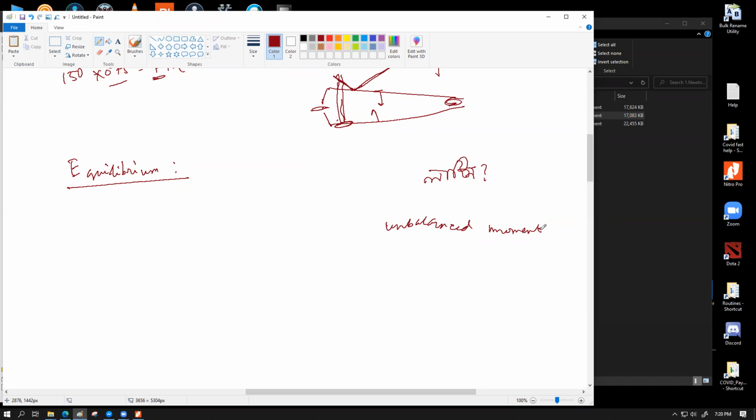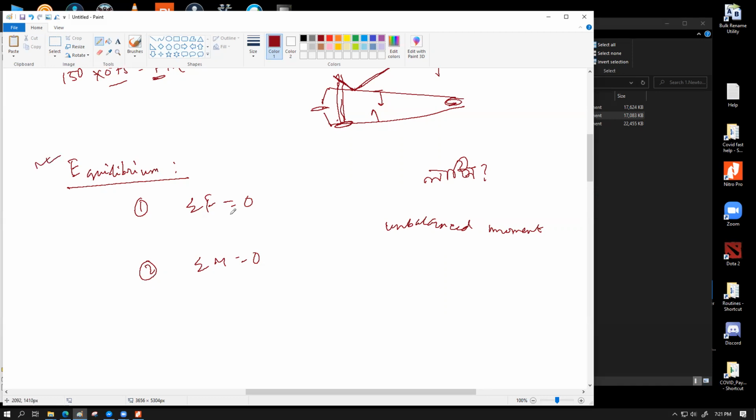Okay, beautiful. So the idea is that if an object has to be in equilibrium, we have to fulfill two primary conditions. One, the resultant force on the object has to be zero. It has to have equilibrium of forces. Second, the resultant moment has to be equal to zero. Whenever both of them, not either of them, whenever both of them are satisfied, only then can we say an object is in equilibrium.